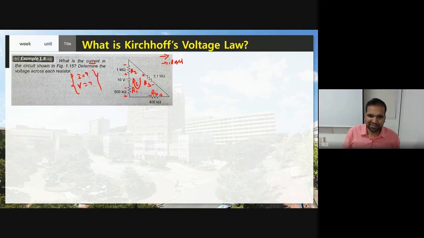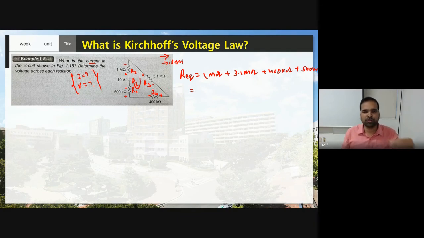Because they have given different resistance values, with different units, mega ohm, kilo ohm. Now let us find R equivalent. So this is 1 mega ohm and 3.1 mega ohm plus 400 kilo ohm plus 500 kilo ohm. Okay, clear. Now I already told you, if elements are connected in series, how to find R equivalent.